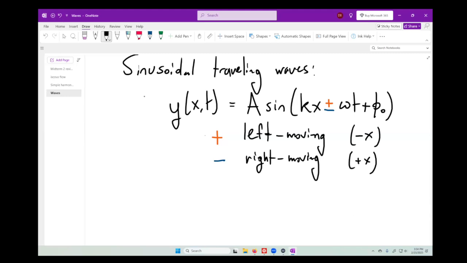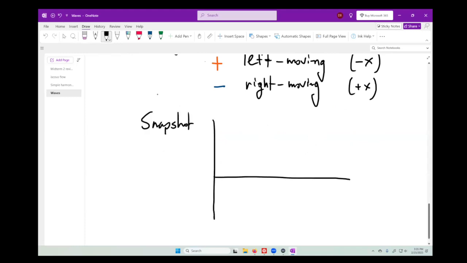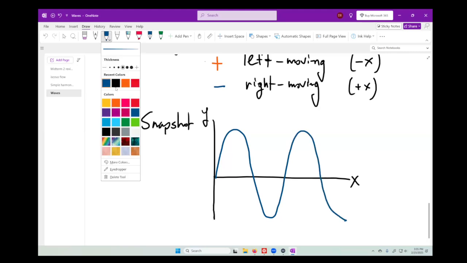Okay, A here is the amplitude, so that has the same interpretation as in simple harmonic motion, where it's telling us the maximum displacement of our string. K is the wave number, which is 2 pi over the wavelength. Let me do this. If we draw a snapshot plot, so we plot y versus x, then here's the wavelength.